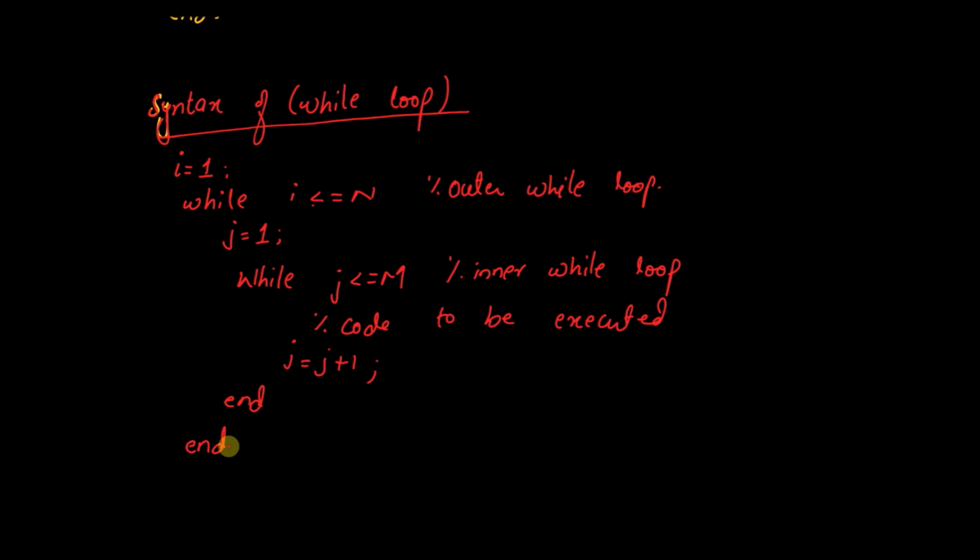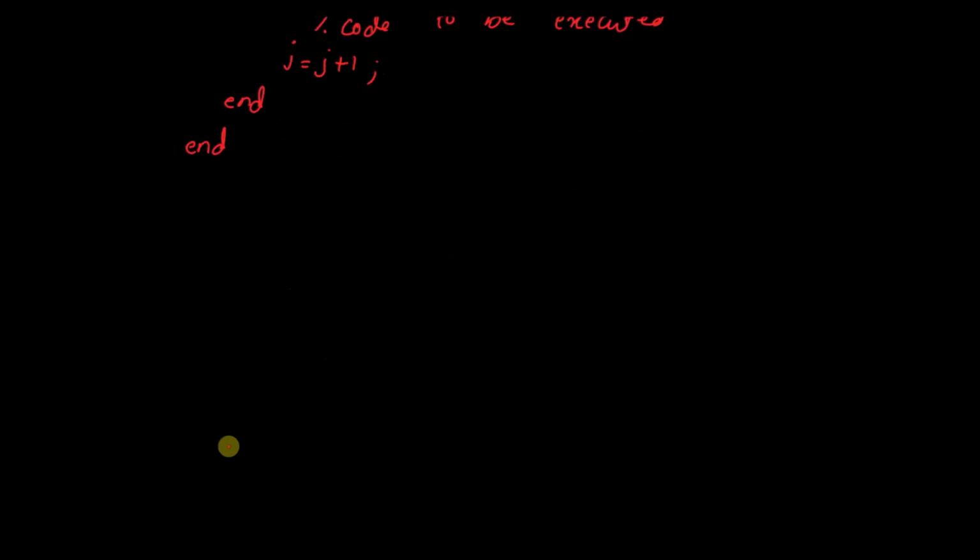outer while loop. So in order to understand the for loop and the while loop, we are going to consider two basic examples. For the for loop, we are considering the example that we are going to create a chessboard pattern.